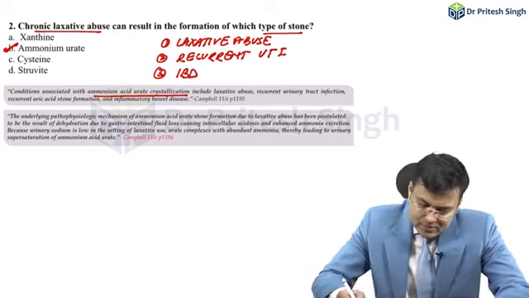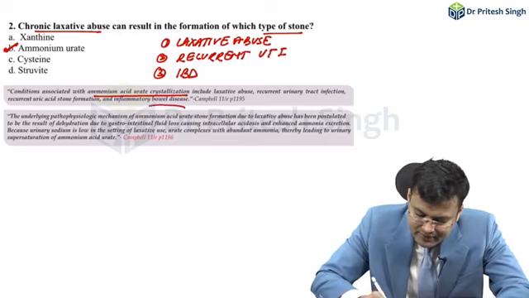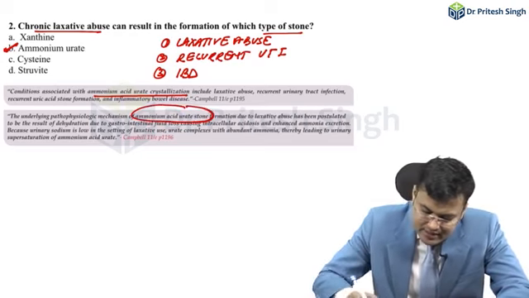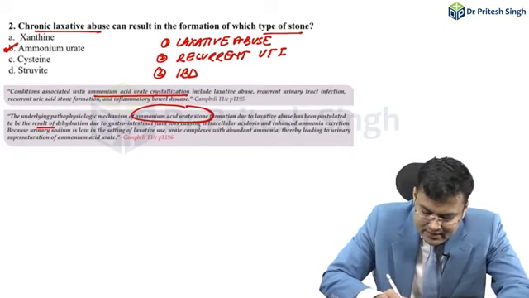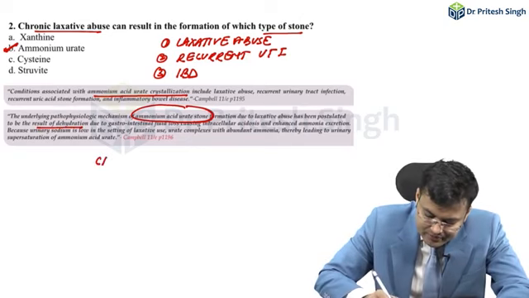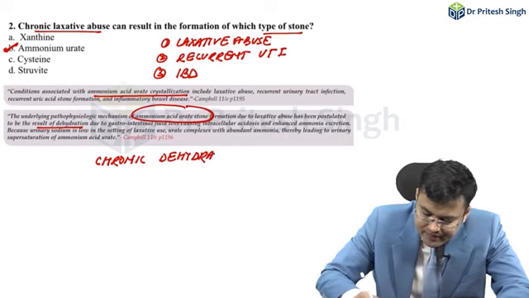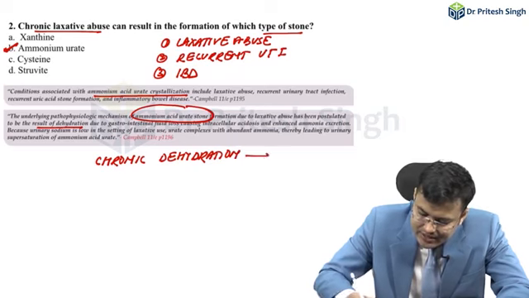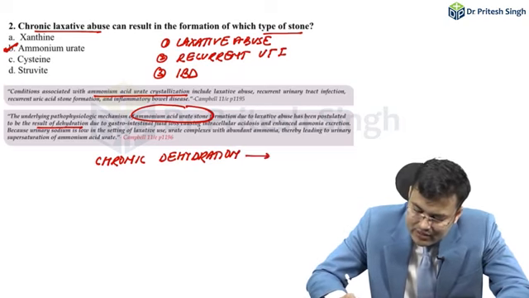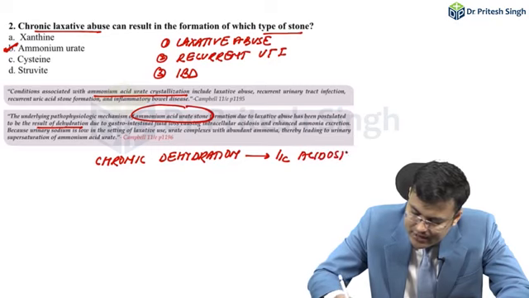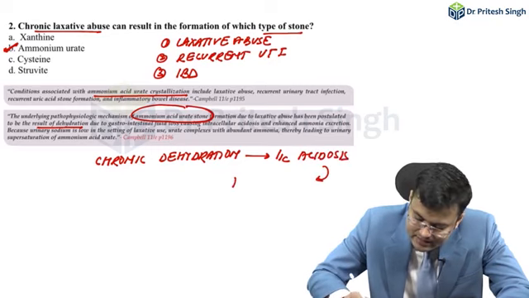Now, what is the etiopathogenesis in the formation of this ammonium urate stone? It is said that it's the result of chronic dehydration. So, any condition in which there is chronic dehydration, and that chronic dehydration causes intracellular acidosis. And because of this, there is enhanced or increased ammonia excretion.